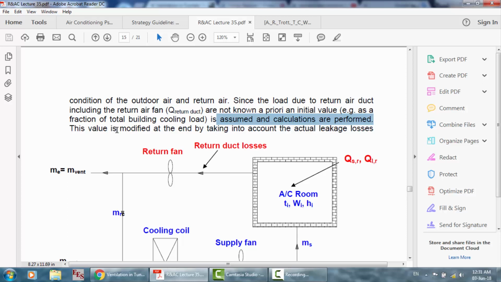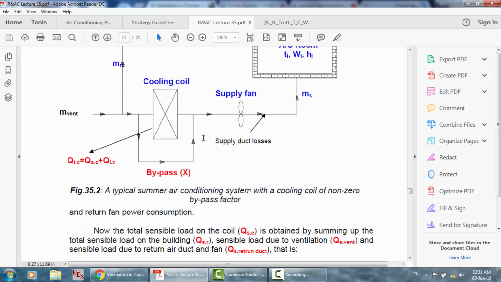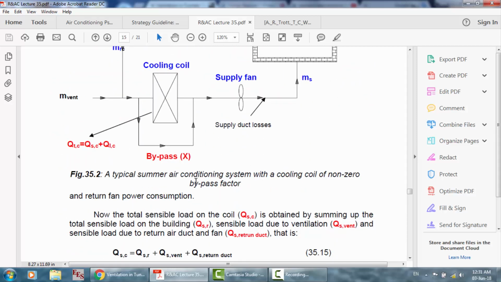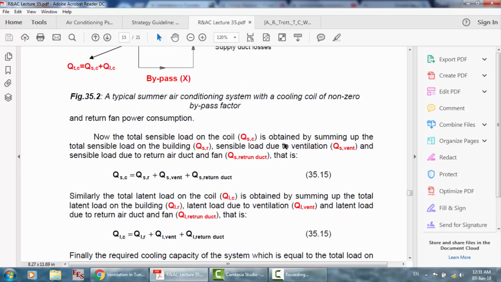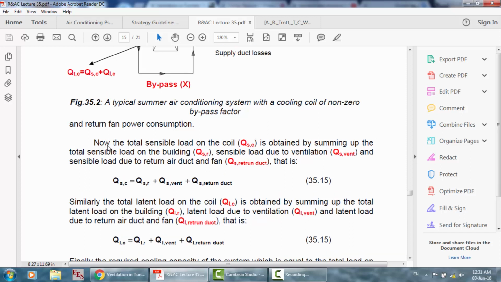This value is modified at the end by taking into account the actual leakage losses and return fan power consumption. So gentlemen, you have to make an initial assumption. It is not easy to get everything accurate the first time, and you have to get the catalogs. If you use a fan or a motor, you have to know these things, exactly like what we did in our LNS program.